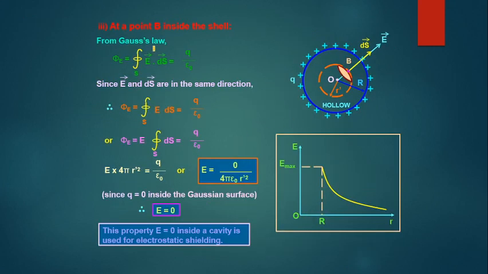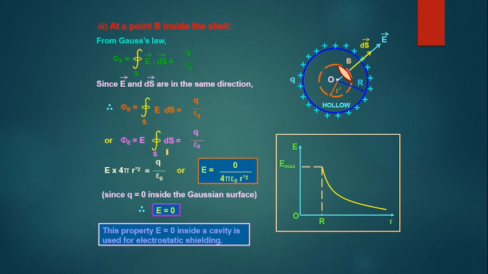Then when point B is inside the shell, consider a Gaussian surface inside the shell with radius small r. Applying the Gauss theorem, the electric flux over the closed surface, the integral of E·dS, equals 1 by epsilon naught times Q. E and dS are in the same direction, so cos theta is 1, and E dS equals Q by epsilon naught.